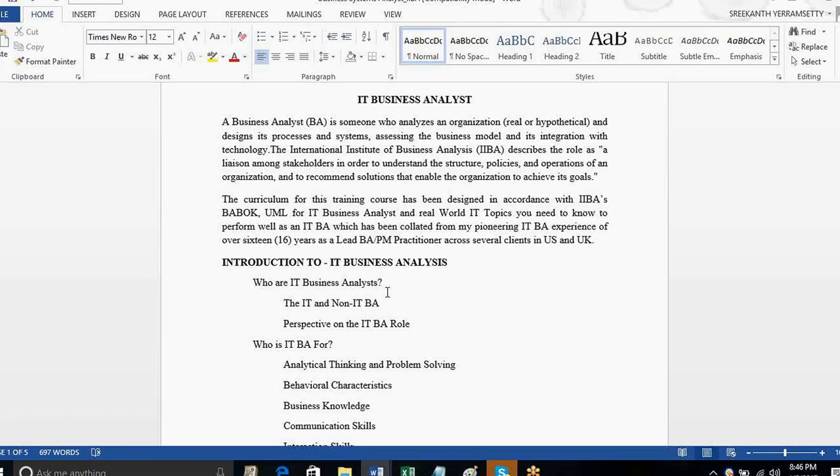Because our training is primarily focused on being an IT business analyst, not a general business analyst. So you are all in the right course, and the expectation you have is that you want to learn about being an IT business analyst.